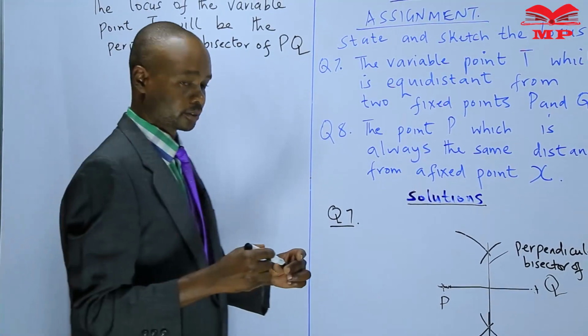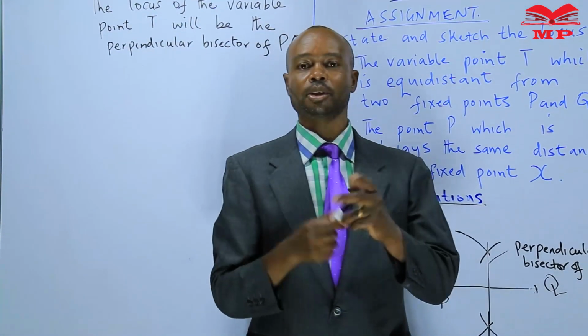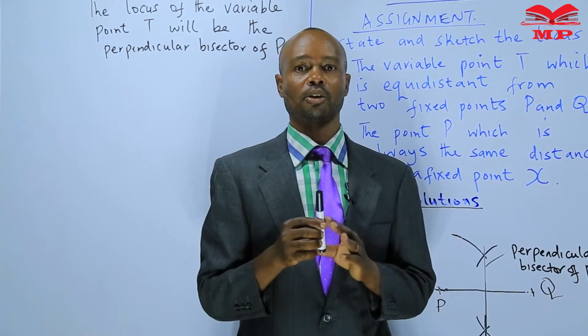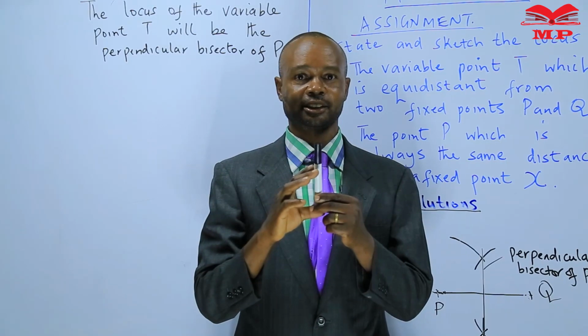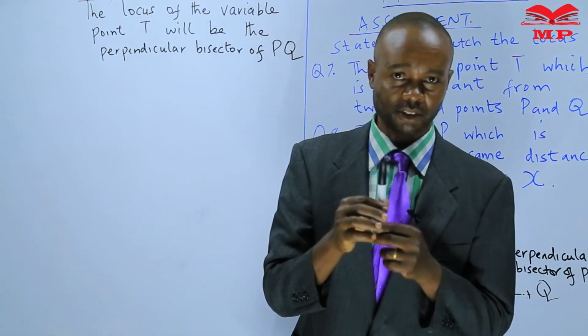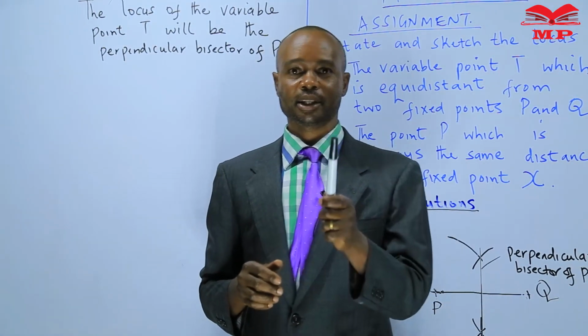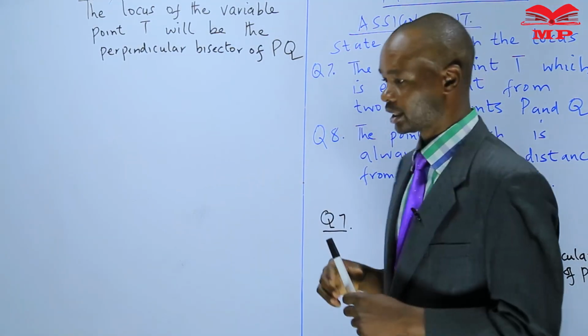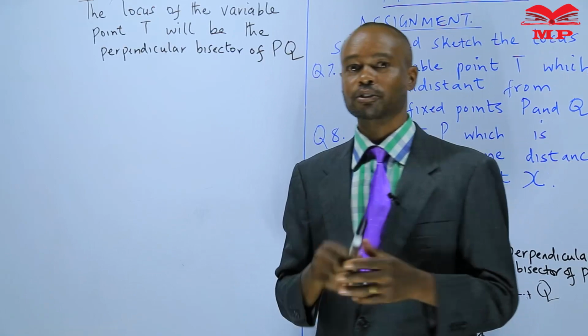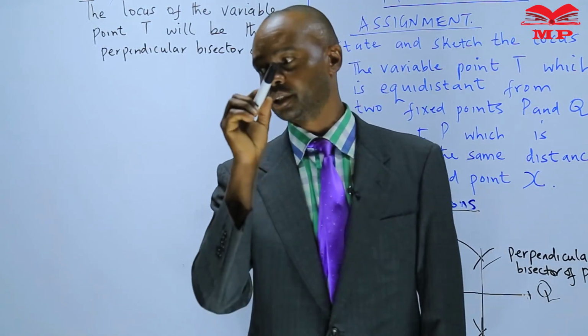That is your solution. Any point on that line will be at equal distances from P and Q. So the locus is actually the perpendicular bisector of that line PQ.